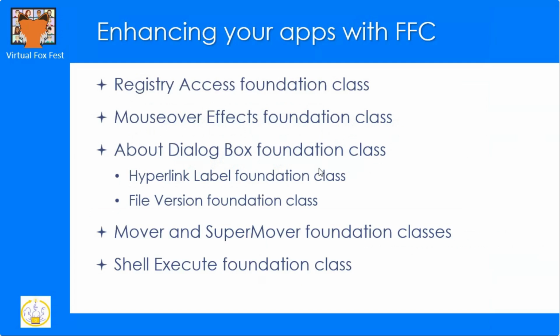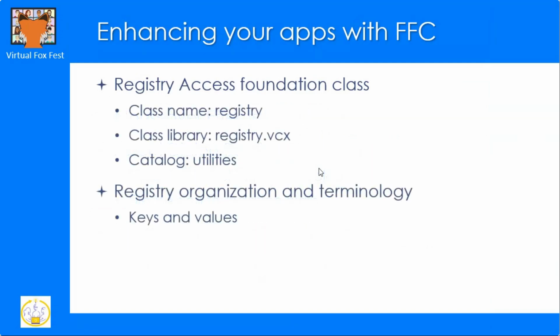Then to wrap up our demonstrations, I want to show the mover and super mover classes. Again, a lot of functionality right out of the box in those. And finally, the shell execute foundation class, which is useful for running whatever the default application is for any kind of file on the system.